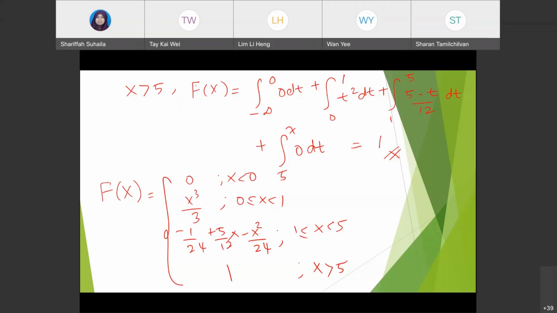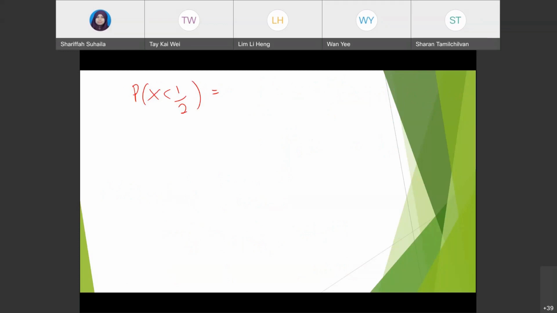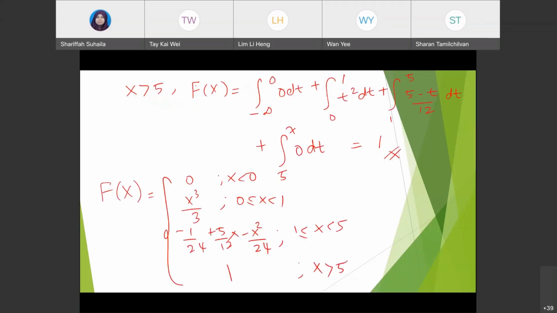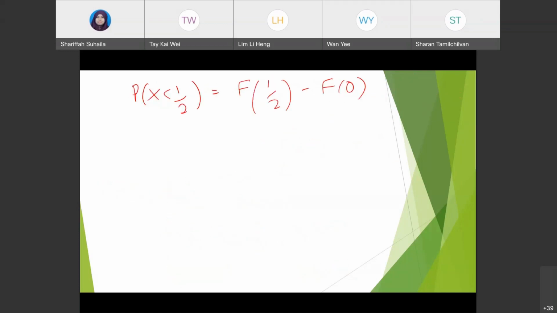So, half is located in your second range. Okay. So, that means you will have minus f 0. Okay. So, again, if we substitute here, x cubed over 3.